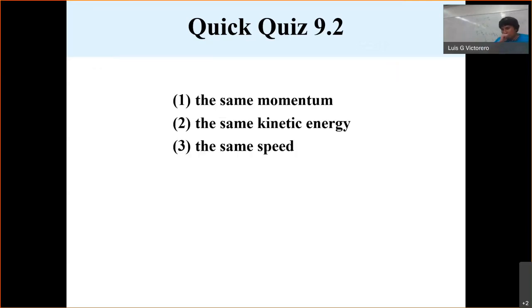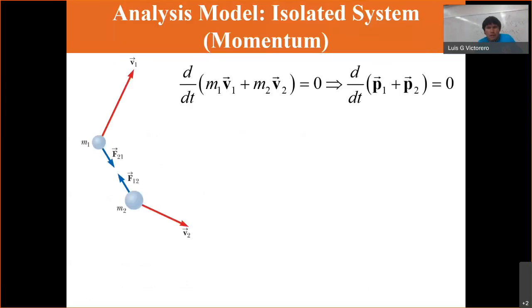There it is. Now, if you get confused with the variables, you can always give values to the masses. So that's what we just did.